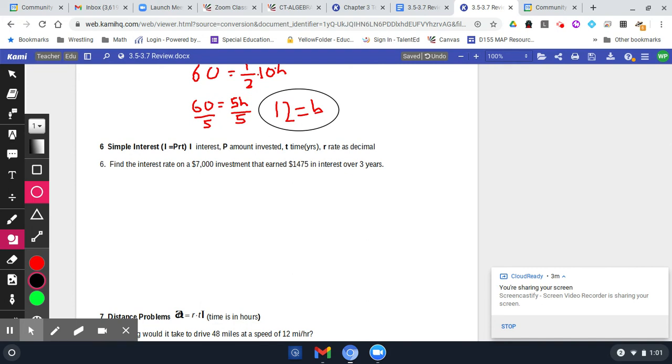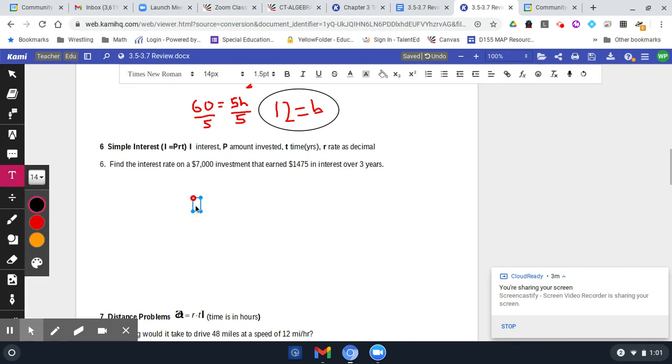So we can go ahead and do this one. We have the interest rate on a $7,000 investment. So we got $7,000 investment earned. Oh, so we have the answer in this one. So we got 1472 equals times. We don't know the rate, but we do have the percent.